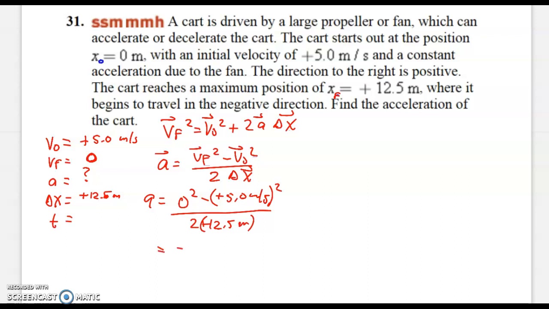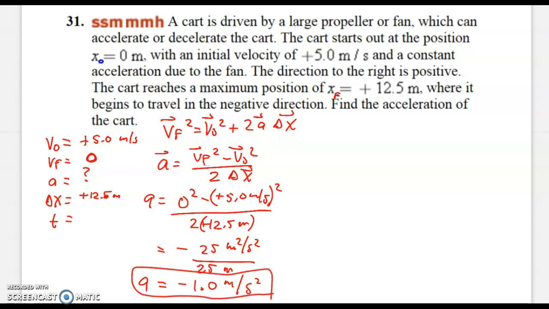I have a negative 25 meters squared per second squared divided by 25 meters. That's going to give me an acceleration of -1 meter per second squared. I don't want to say I told you so, but I saw that coming. I think you did too. It was pushing over to the left, like we said at the beginning, and there it is.